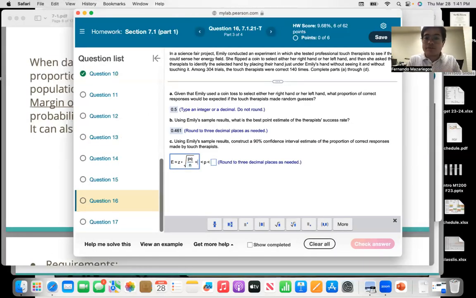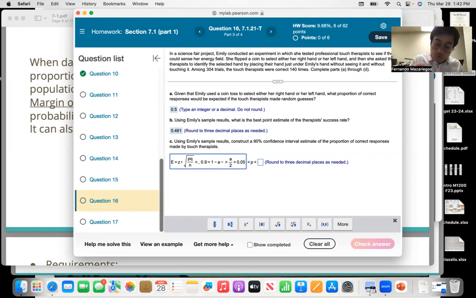So let's start. First we need our critical value, and that is with a confidence level of 90%. So remember, this is what we did for the first question in this video. We know that 0.9 is 1 minus alpha. So that means that alpha equals 0.1, and then we need alpha over 2. So that is 0.05.